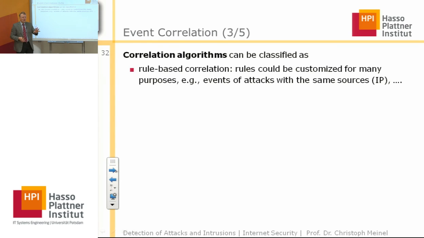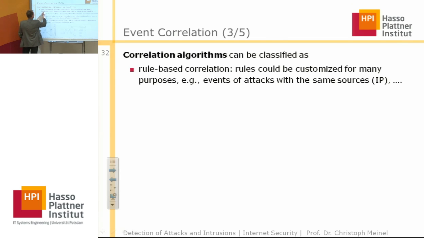Let's have a look at this step of the correlation algorithms. This is interesting. The correlation algorithms can be categorized by the methods they use to correlate such alert events to a complex alert scenario.